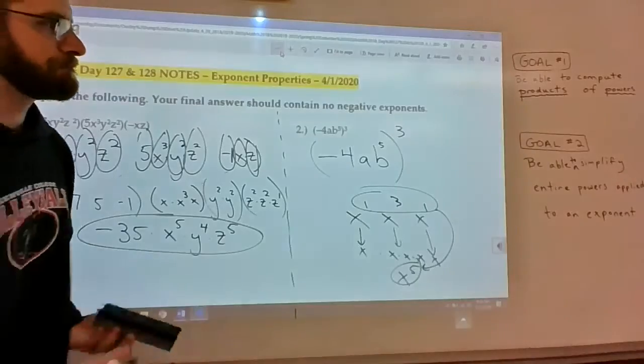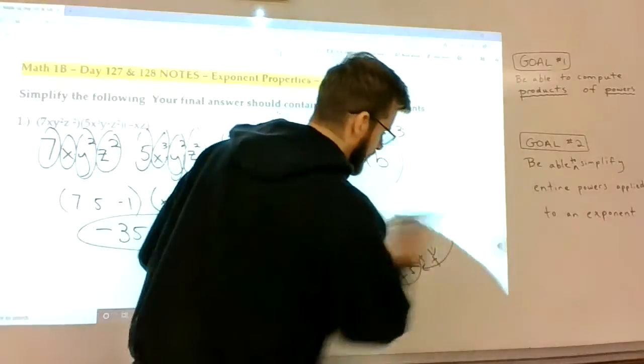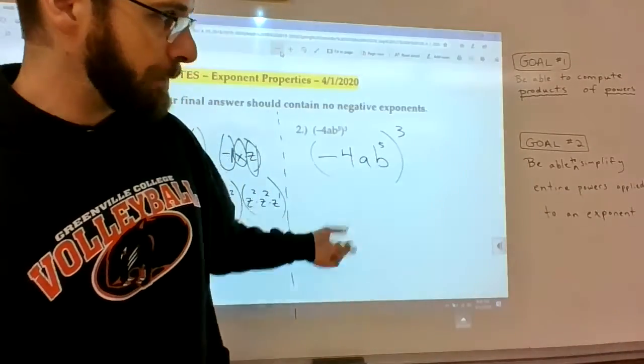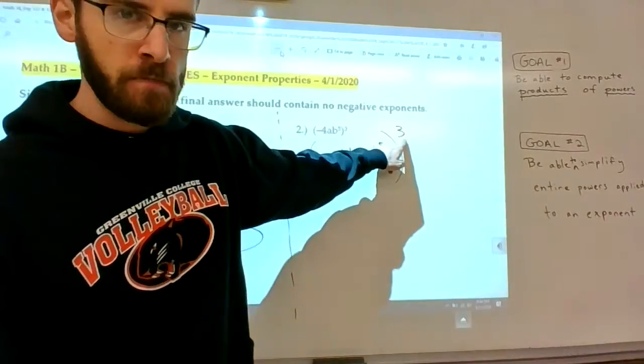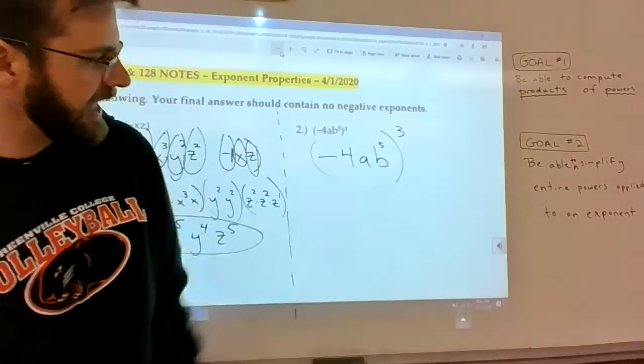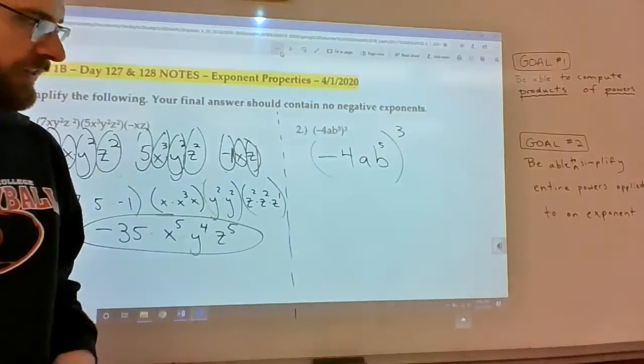Okay. Goal number 2: be able to simplify entire powers applied to an exponent. So here's an exponent, and here's an entire term with powers, b to the 5th, a with that -4 in there.